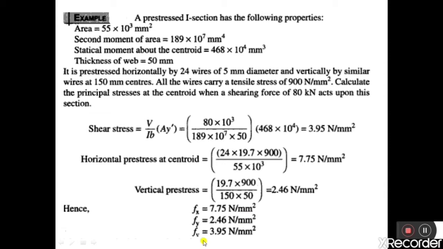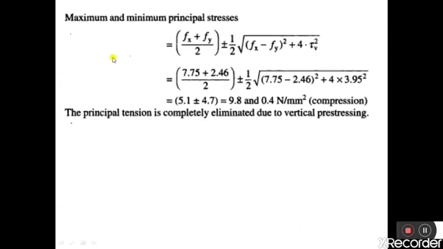We have calculated the shear stress at the support, that is 3.95 Newton per millimeter square. Now to calculate the maximum and minimum principal stresses along the diagonal of a section, we have the equation f of x plus f of y by 2, plus or minus 1 by 2 into square root of f of x minus f of y whole square plus 4 into tau v square.